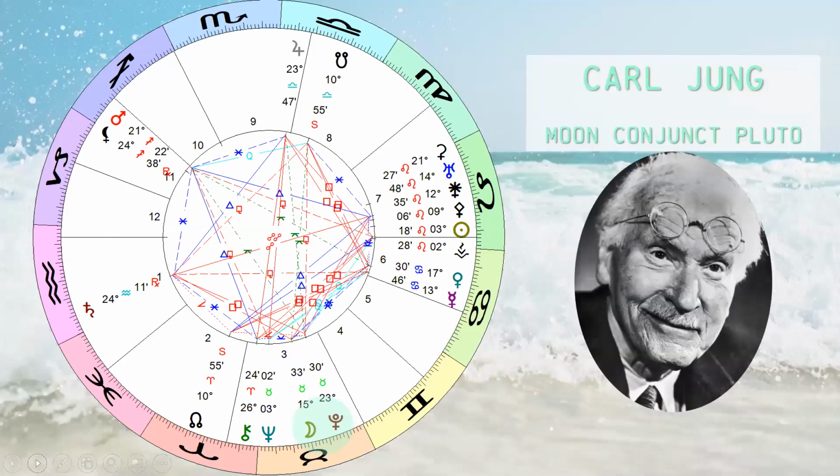So yeah, I guess the best is to apply these principles through chart examples. And looking at our first example, Carl Jung, I would put him in the third stage, individuated. And he has a Pluto-Moon balsamic conjunction.